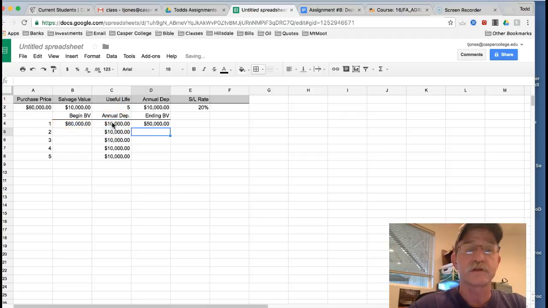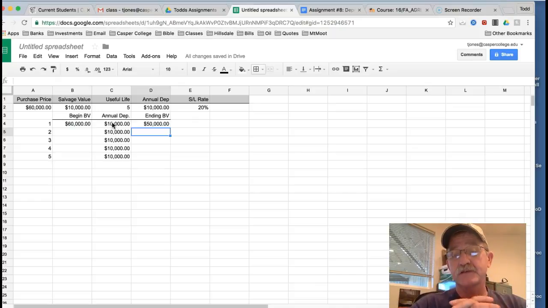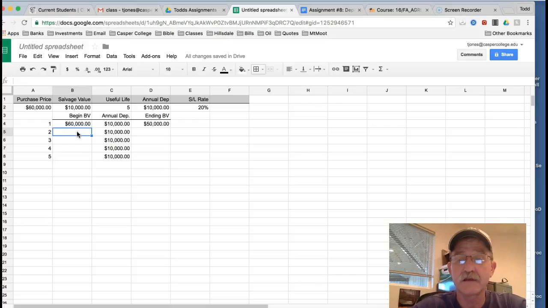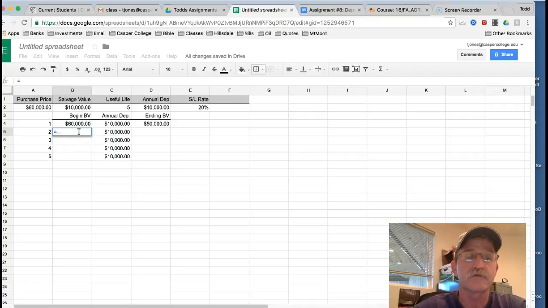And all of you can calculate that in your head. We may have some assets that are a little more complicated than this, so this is just made for an example. So the beginning balance of the second year would be the same as the ending balance for the first year. So we can cell reference that 50,000 right there.